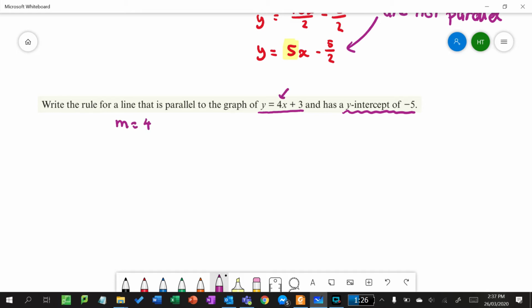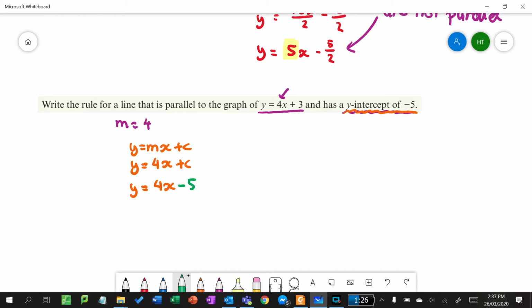So we know that our new line needs to also have a gradient of 4. So let's write the general formula: y equals mx plus c. y equals, m is 4, x plus c. And then they tell us the y-intercept is negative 5. So we chuck it in: y equals 4x take away 5. And that's how we would do that question.